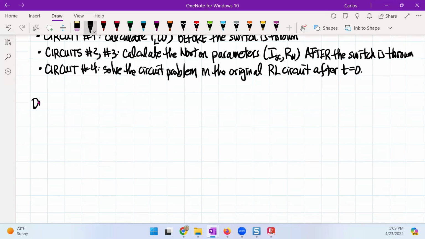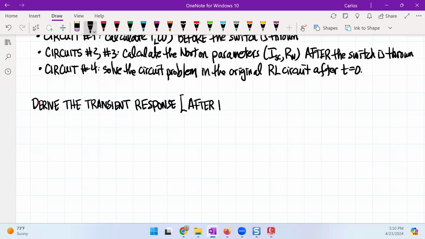We want to derive the transient response. And of course, this has to be after the switch is thrown.